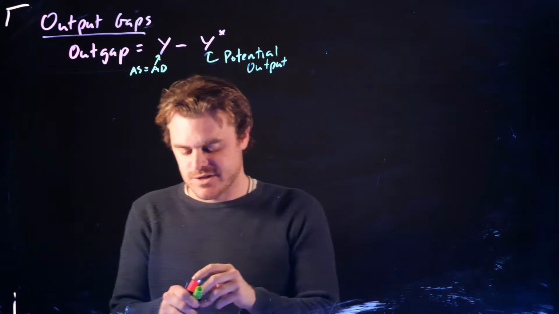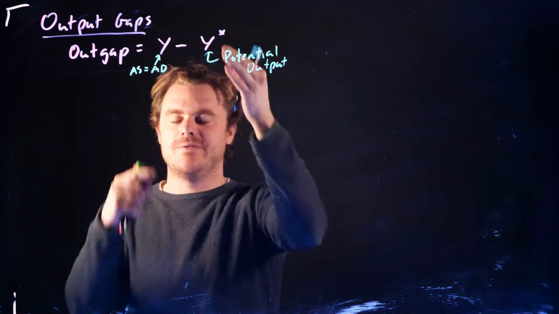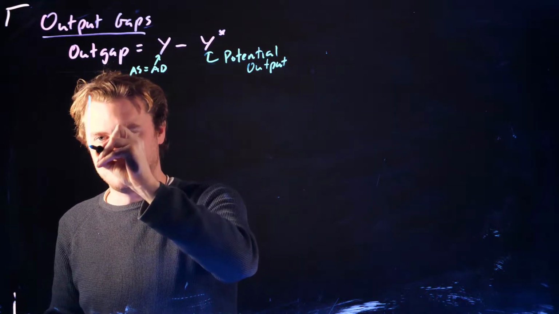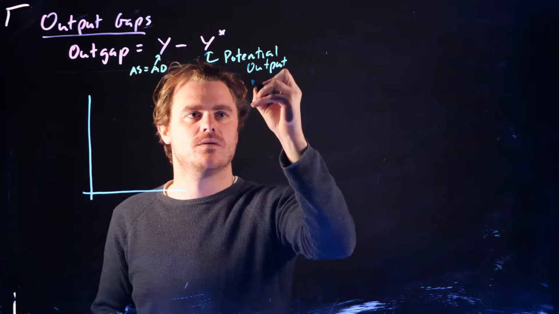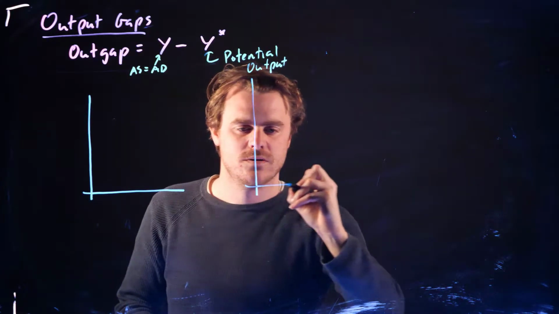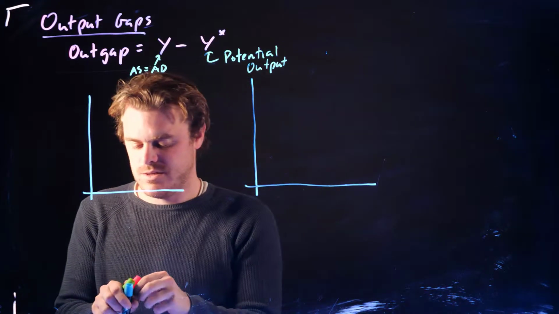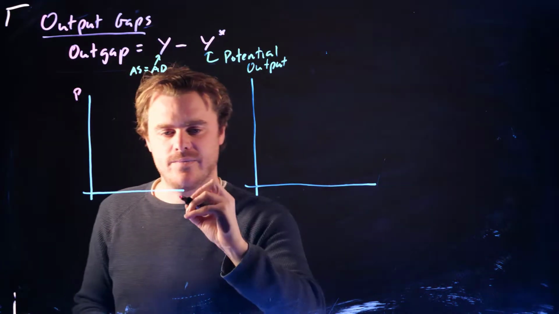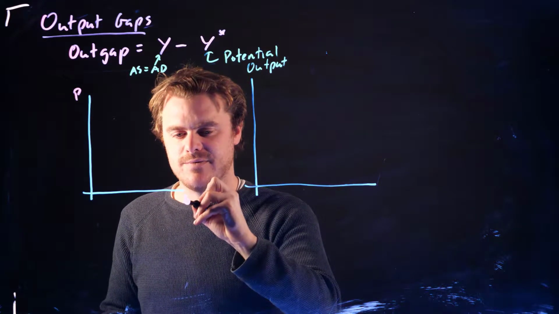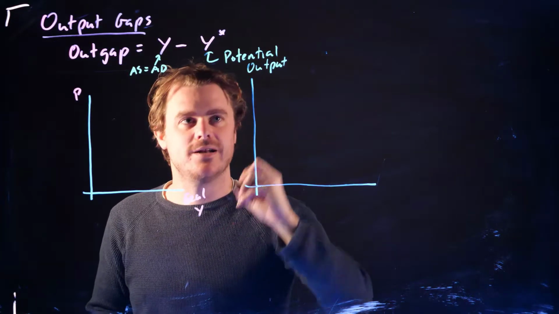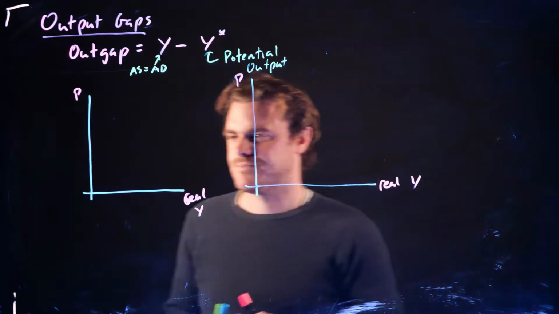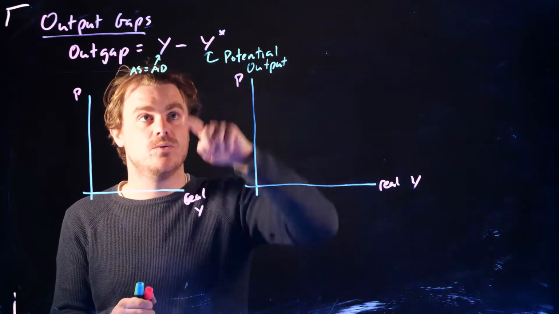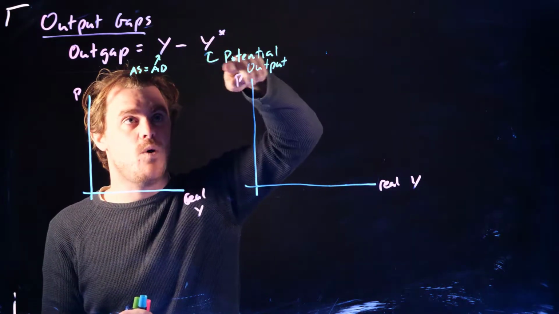And we can think of there being two different scenarios, or maybe three if this equals 0 as well, right? So let's just draw the two that are in the slides here. So we're at the price level and real Y. Let's first think about what Y star is.